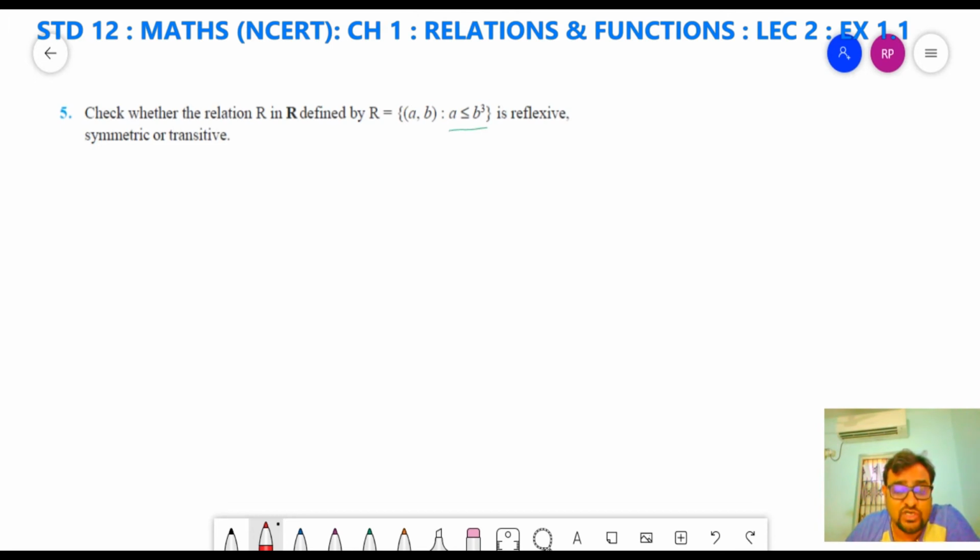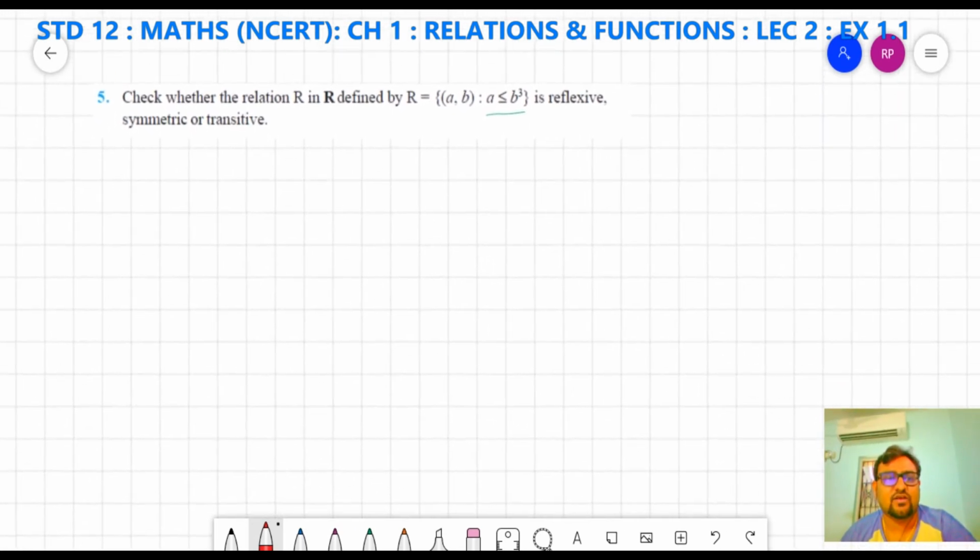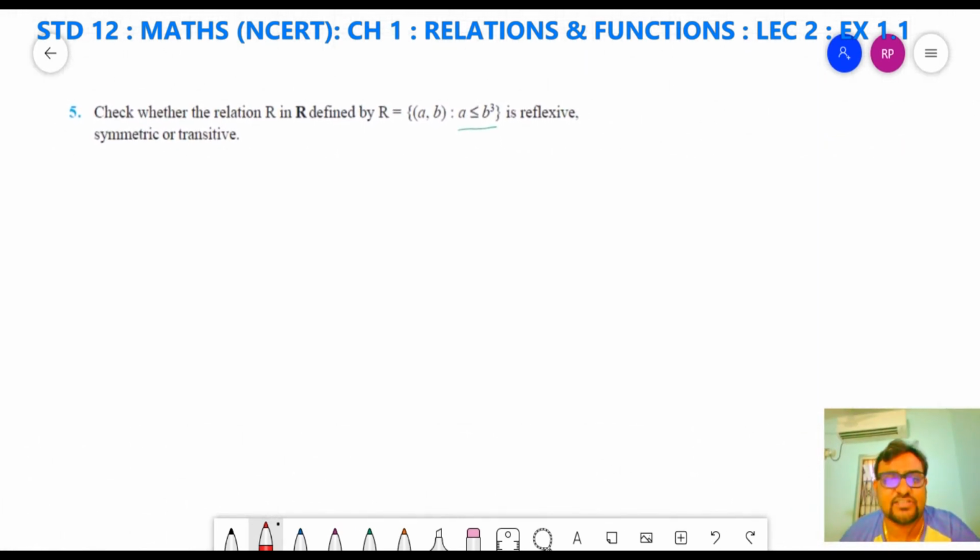In the previous question it was to prove, so you already knew your answer, but now here you have to check. So it can be reflexive, it cannot be reflexive. If you want to show that it is not reflexive, then just find any one example that does not satisfy this. If you are able to do it, that means it is not reflexive. Or else you have to prove it theoretically that it is reflexive.